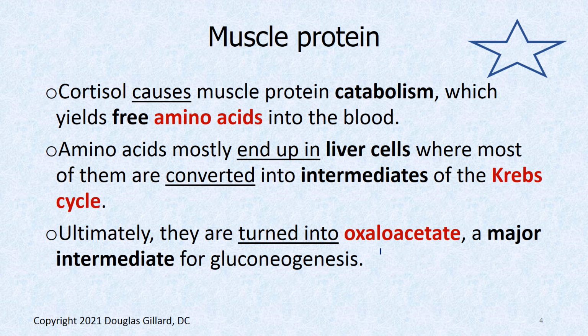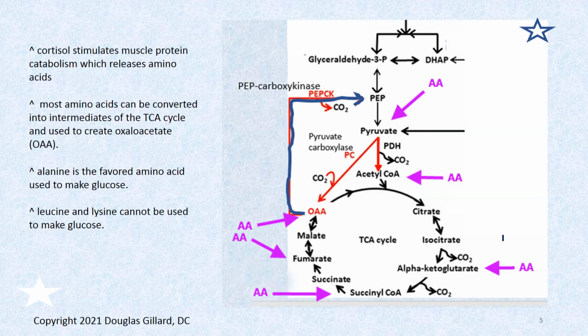The goal of every amino acid that's floating in the blood is to become a glucose molecule or help make a glucose molecule. And the short-term goal for most of them is to become oxaloacetate, which is the end product of the Krebs cycle, if you'll remember. So here's a cartoon, and I used to have all the names of the amino acids, but that's beyond me.